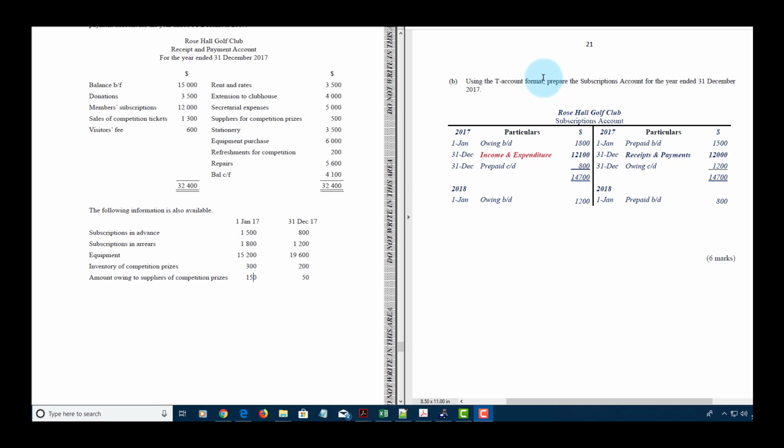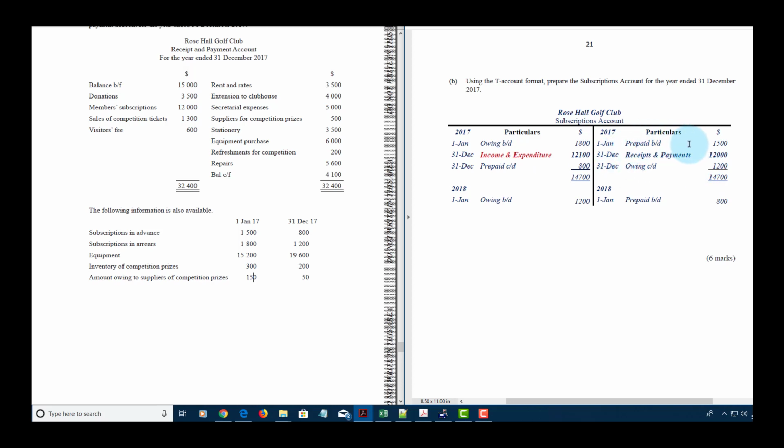Now, using the T account format, prepare the subscription account for the year ended 31st December 2017. Remember that the subscription account is a revenue account, which would mean the owing brought down would come on the debit side, whereas the owing carried down would go to the credit.